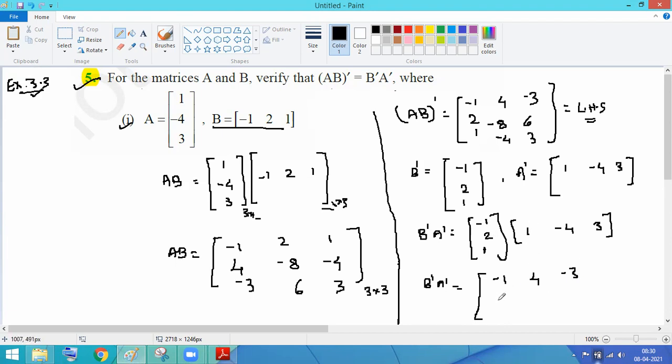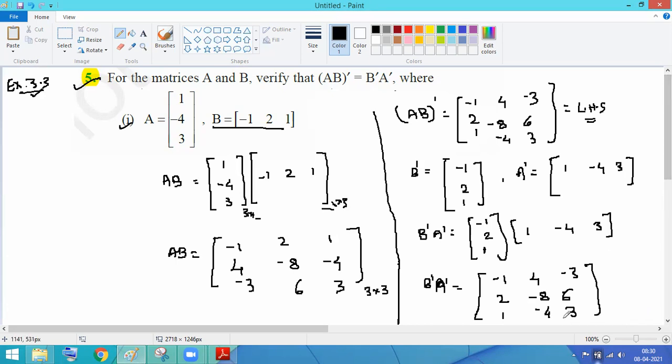Second row: 2, -8, 6. Third row: 1, -4, 3. This is B'A'.